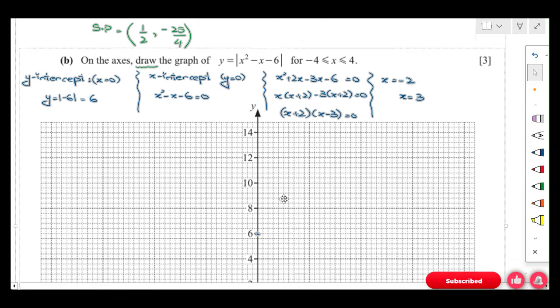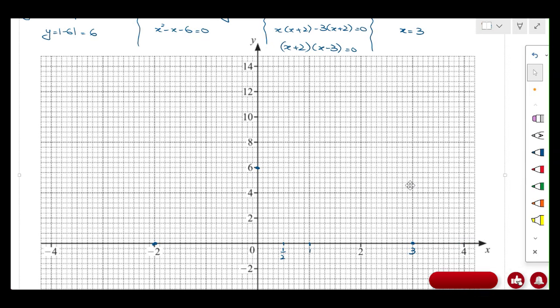So 6.25, where is 6 over here? 1, 2, 3, 4, and 5. We have 7. 6.25 is closer to 6.